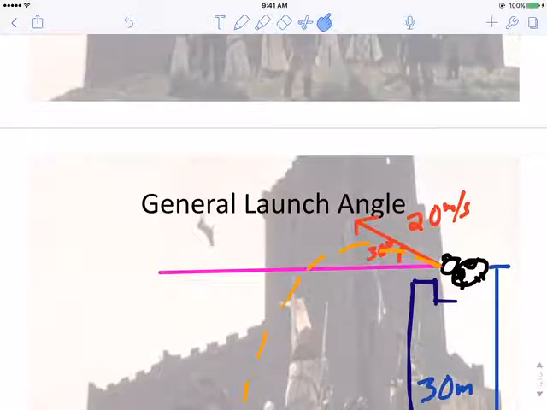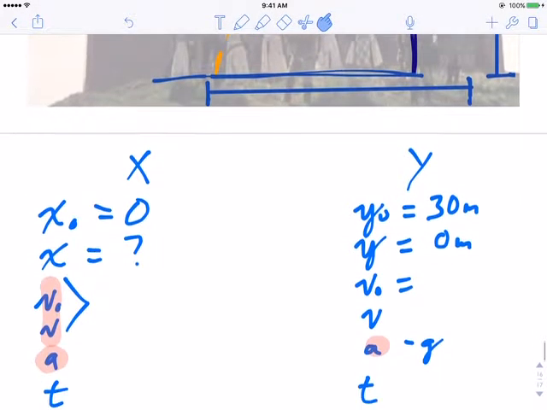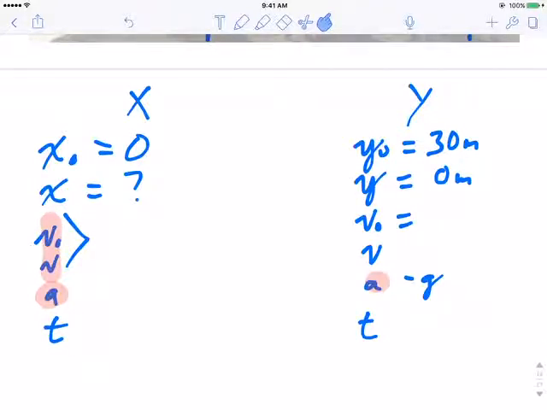because if we look at that 20 meters per second, it's a vector that is pointed to the left and up. And if we're trying to look at things on the x-axis and the y-axis, oh yeah, we have to split that stuff up.